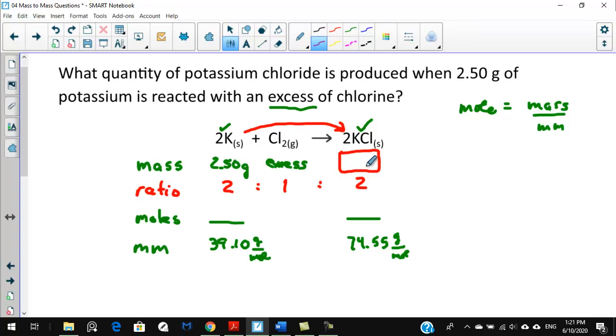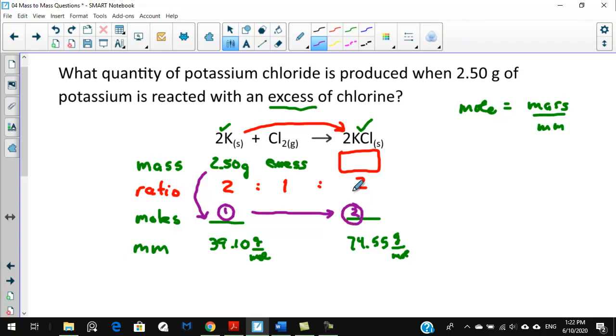So here, it's always the same 3 steps. The first step, turn the mass that you've been given into moles. That's step number 1, and we're going to fill in that blank there first. Then we're going to move that number from here over to here, and we're going to use the molar ratio. In a minute, I'll show you how to do that. That's our second step.